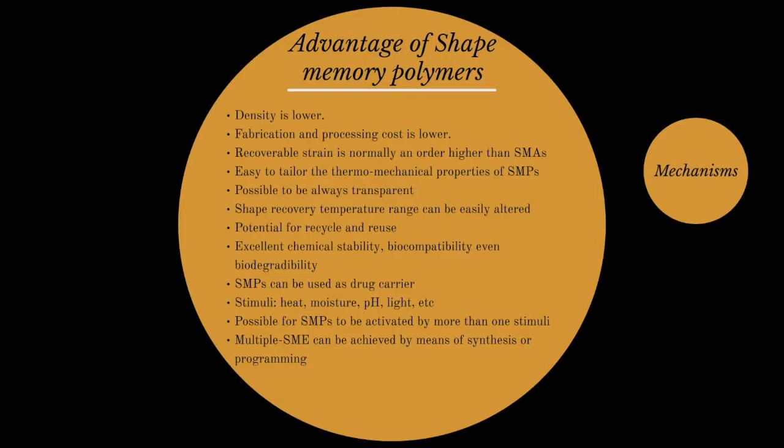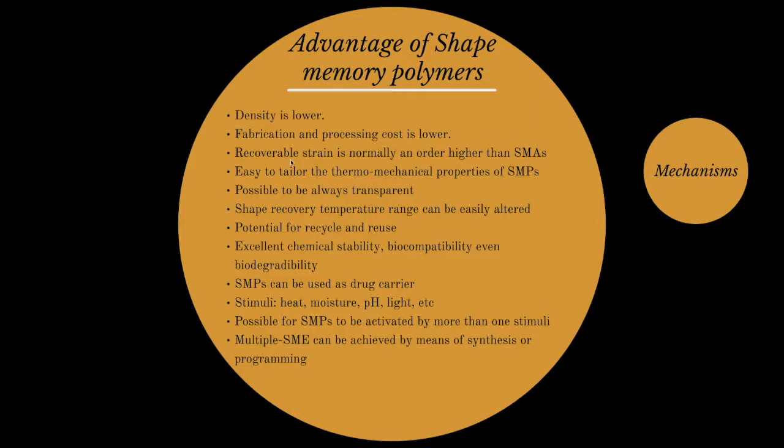The density, and fabrication. Fabrication means when you are trying to make a large scale product in industry, if you have lower energy to process the material, then you can easily fabricate a lot of product, right?